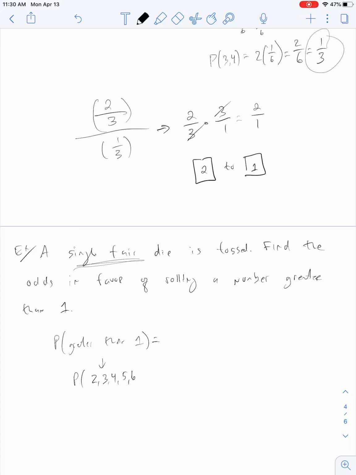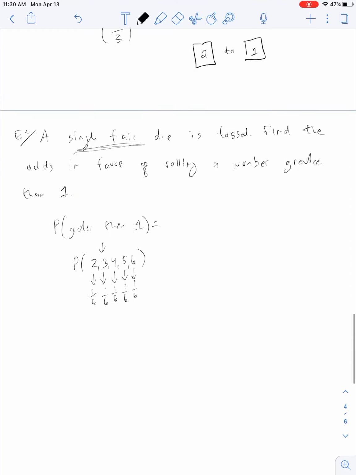We got 2, 3, 4, 5, and 6. And each one of these is 1 over 6. So the probability of being 2, 3, 4, 5, 6 is just 4 times 1 over 6, which is 4 over 6, which reduces to 2 over 3.